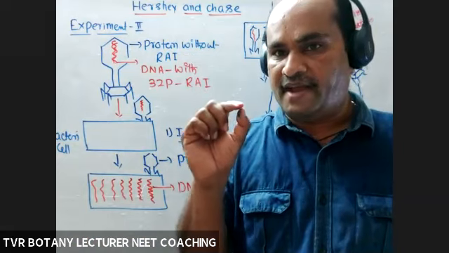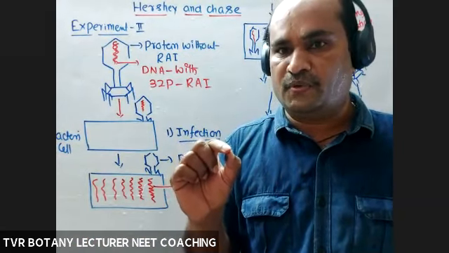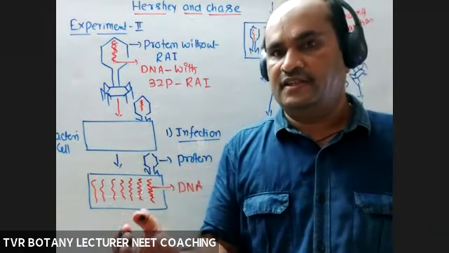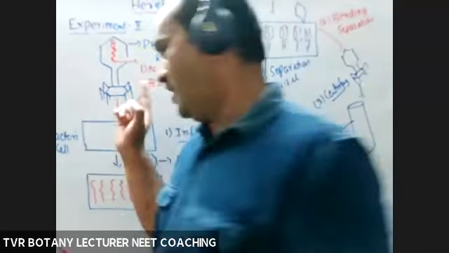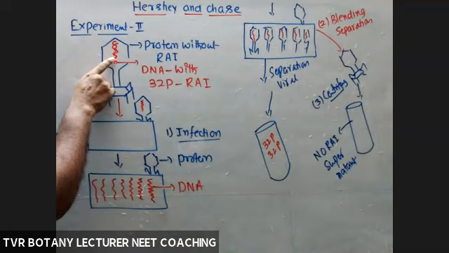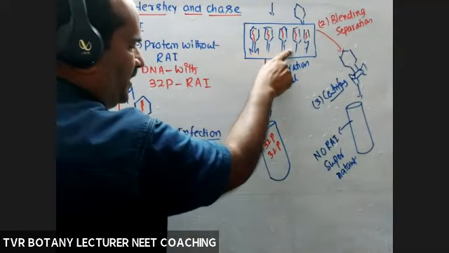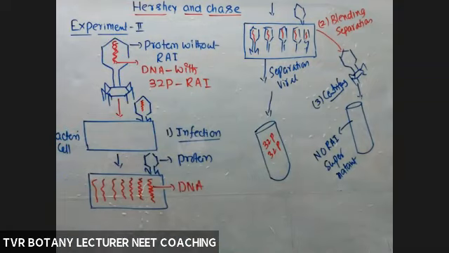Okay, so a bacteriophage with radioactivity in protein didn't produce bacteriophages with radioactivity. But what about here? In the second experiment, bacteriophage with radioactivity in the DNA produced a number of viral particles, bacteriophages with radioactivity.